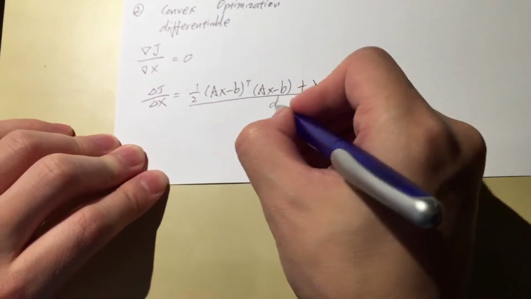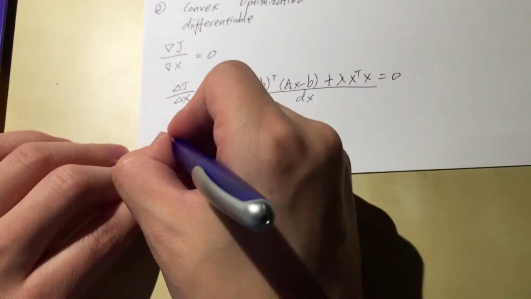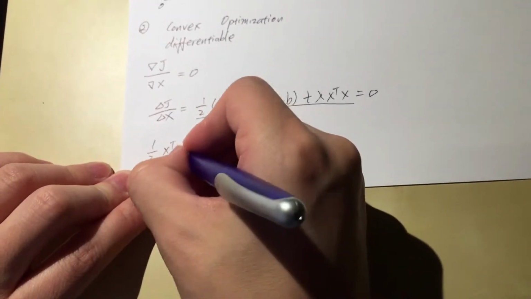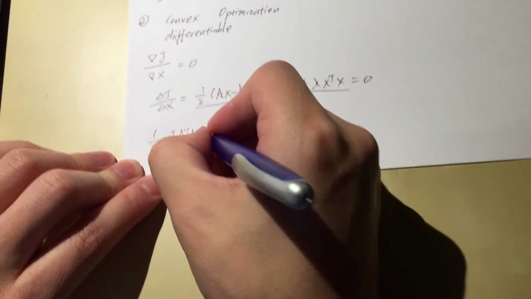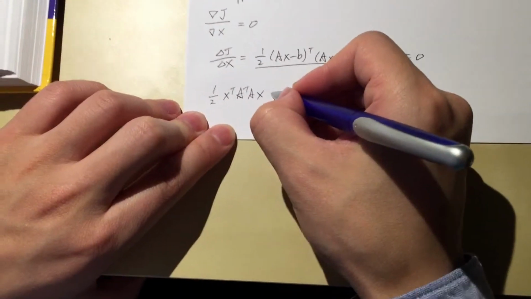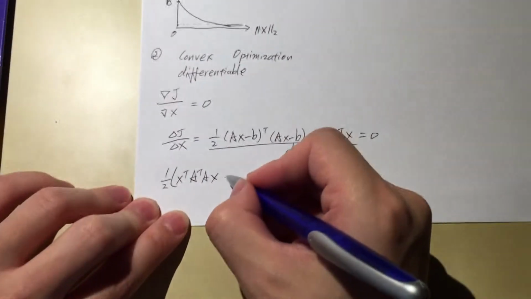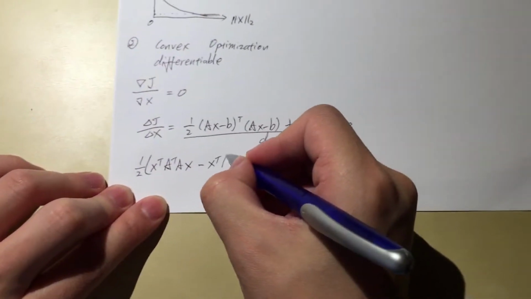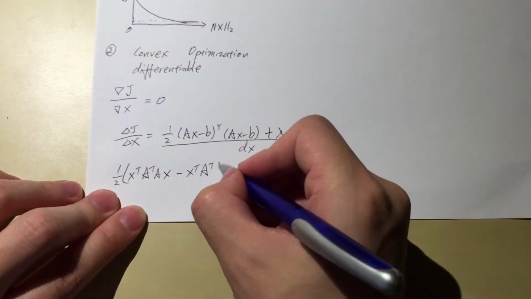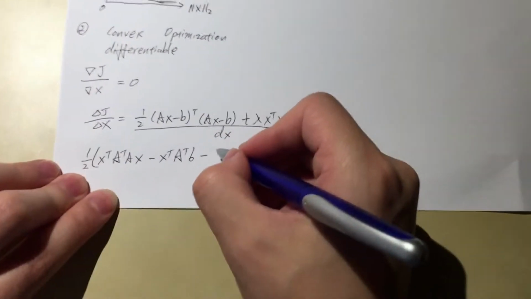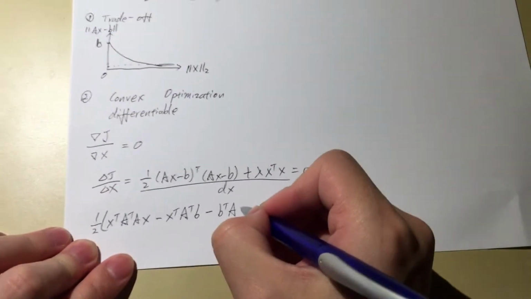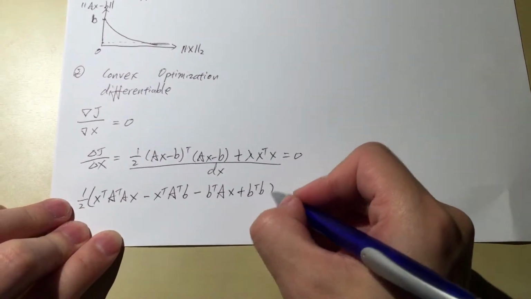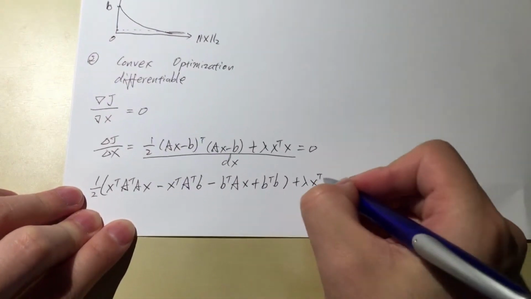This will be x transpose A transpose A x minus x transpose A transpose b minus b transpose A x plus b transpose b plus lambda x transpose x.